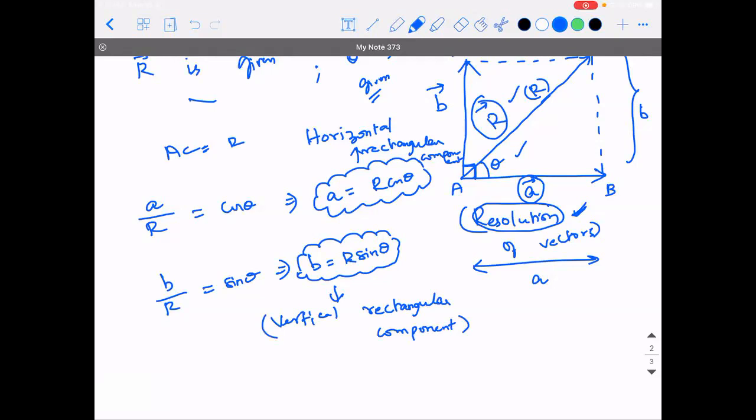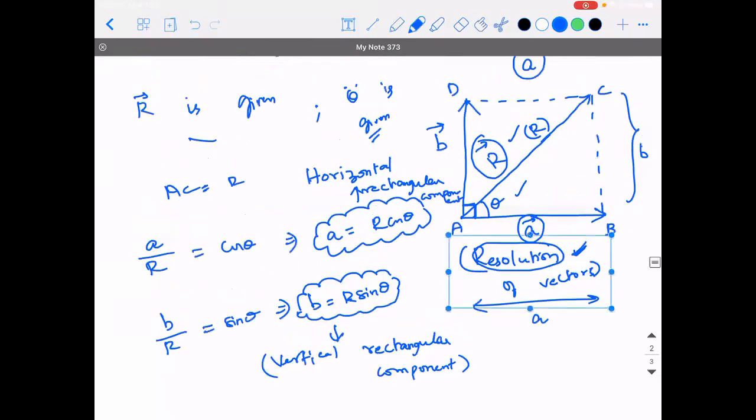Clear, guys? Okay. So based on this, I'll give you the technique of how to resolve them into two components. There's a very, very important concept.